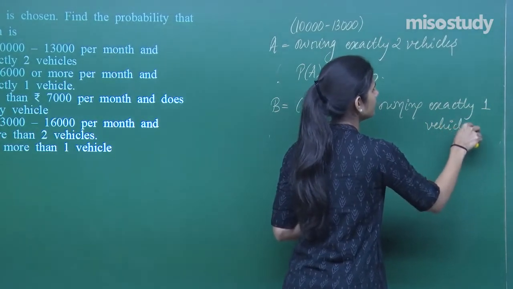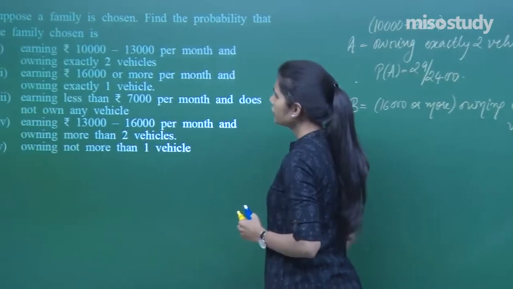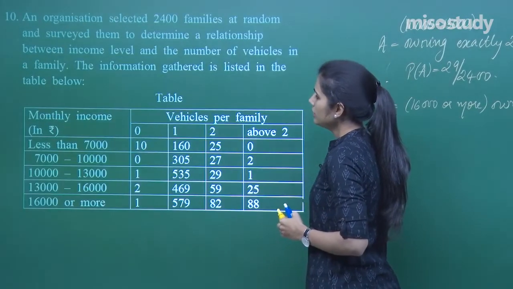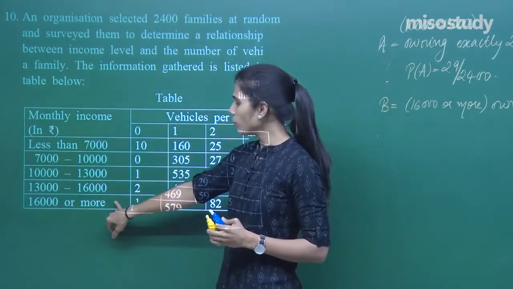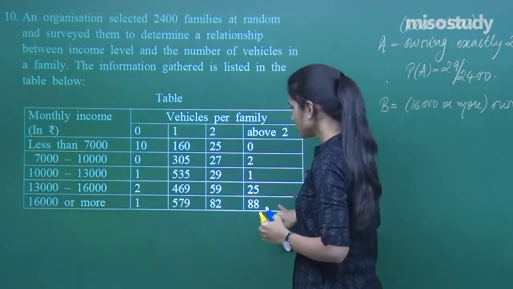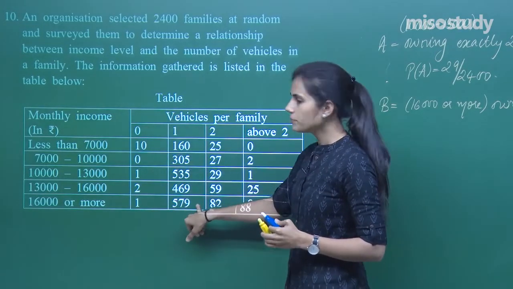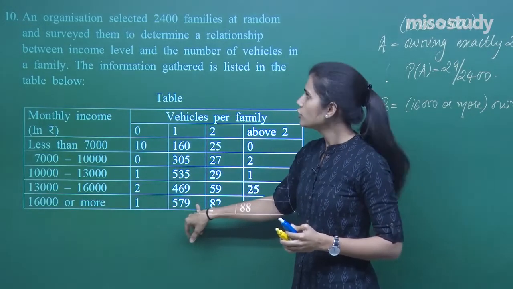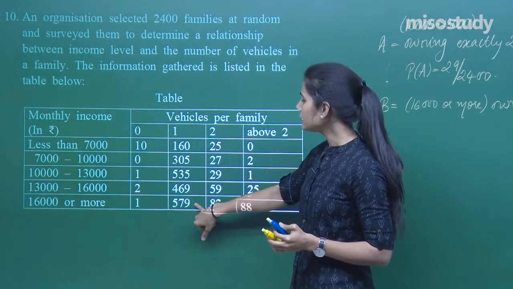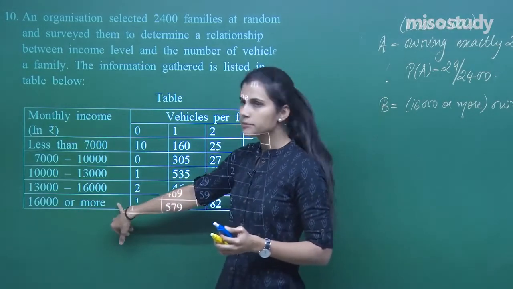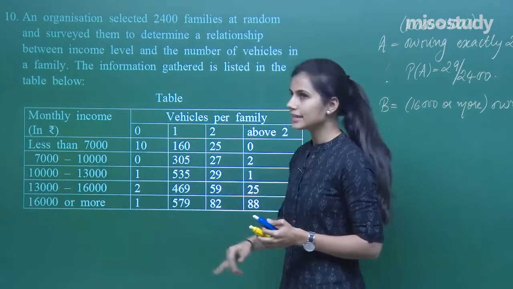Let's see, out of 2400 families, owning 16,000 or more is this range. Exactly 1 vehicle is being owned by 579 families. So, out of 2400 families, 579 families are earning income 16,000 or more and they have exactly 1 vehicle.